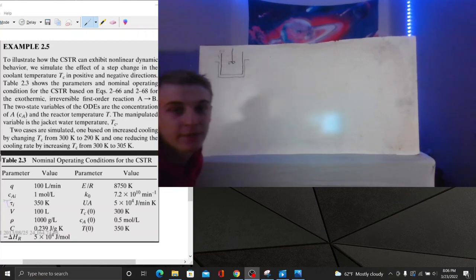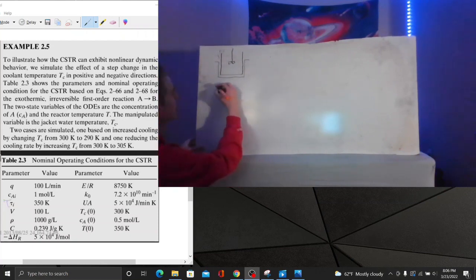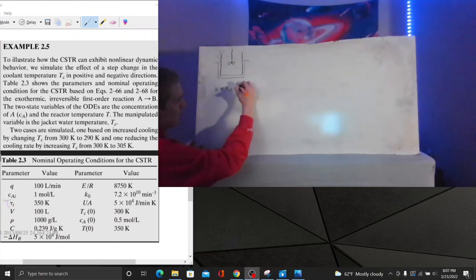And what we are going to start with is the Arrhenius equation, which is just k, the reaction rate, equals A times e to the negative activation energy over R times the temperature.